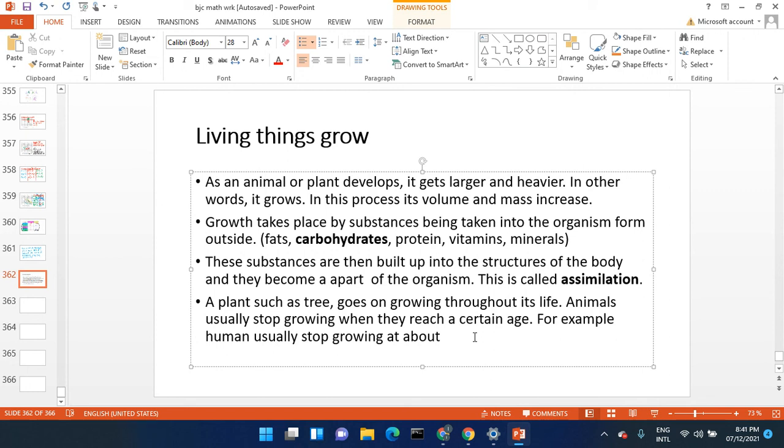For example, humans usually stop growing at about 18. But I think they could use any other joke, but why are they always so promiscuous? Sexual. Yeah, I don't know, man. They are mature. Yeah. I bet they 12.